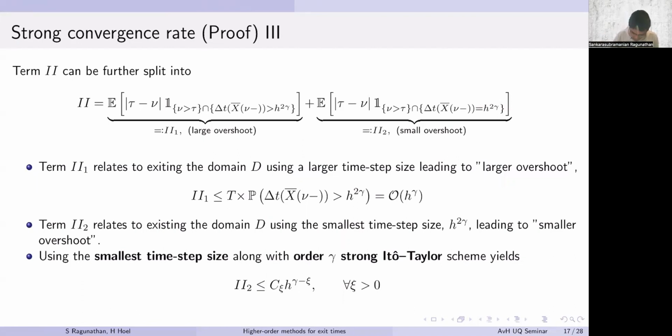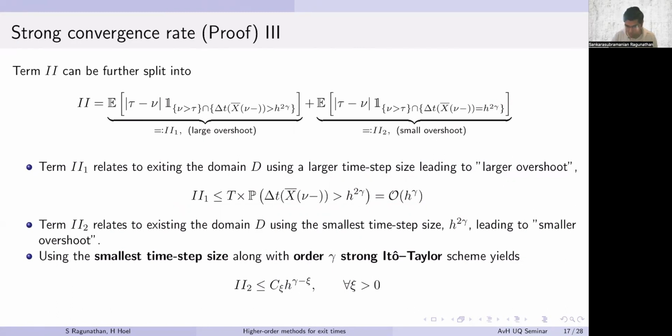It's pretty easy to control, because the first term can be bounded as such. And this relates to order h to the power gamma. Term 2 relates to using the smallest time step size, and that would be h to the power 2 gamma.